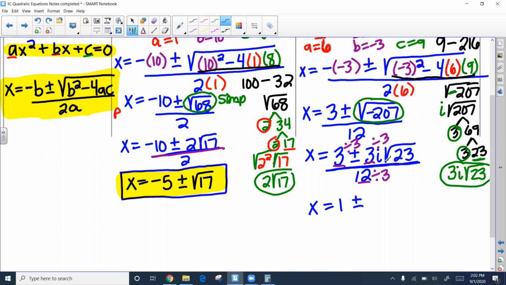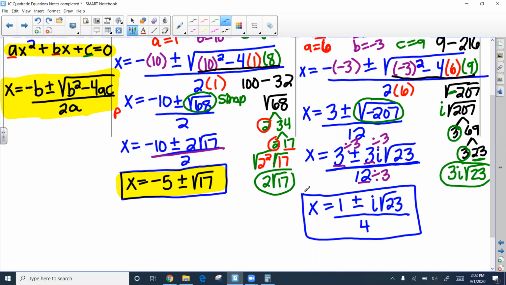So we'd have 1i square root of 23. We don't really need to write the 1 in front of the i. And then on the bottom, we would have 12 divided by 3, which is 4. Okay, so this is one way we can see the answer. So notice here, I reduced this 3, this 3, and this 12.